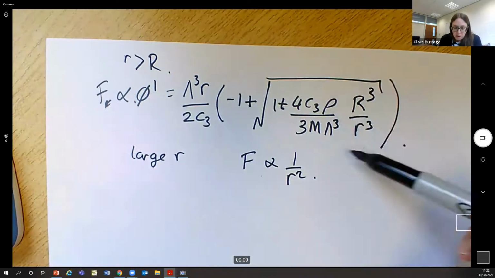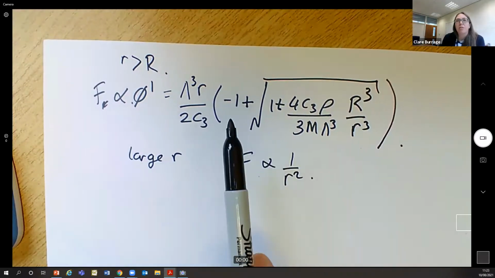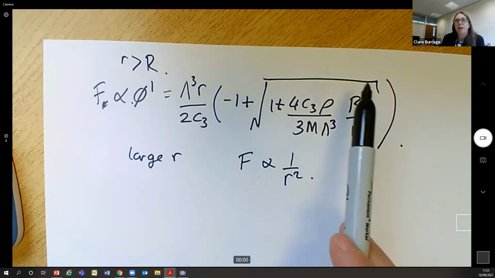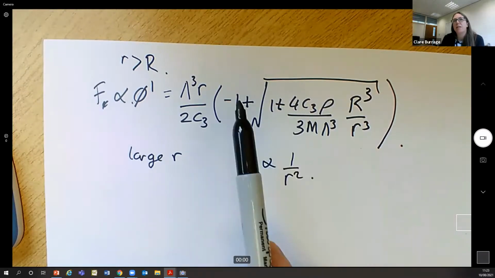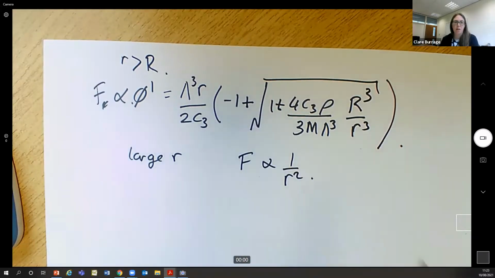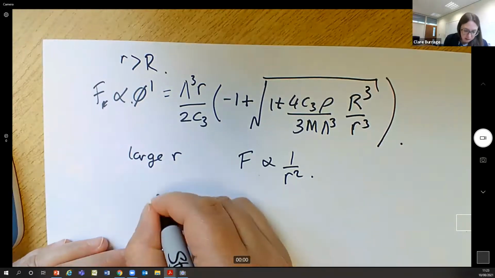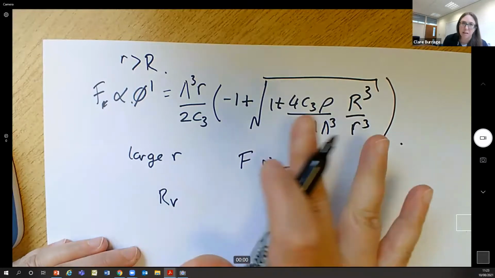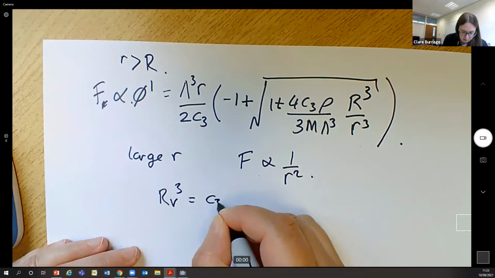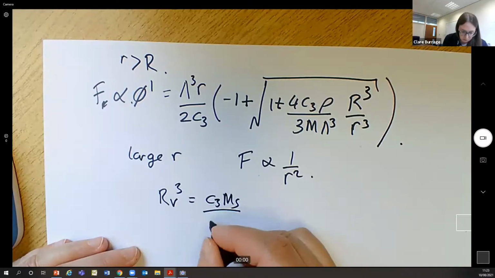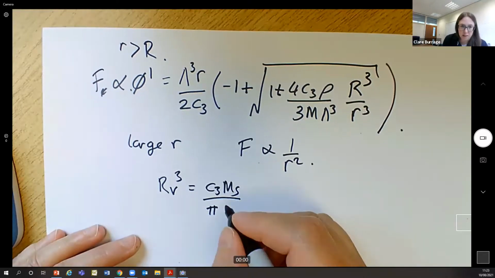But at small r, we can see that the behavior is very different. If this term dominates, then we're going to get a very different scaling of the force law with r. And what you find is that there's a characteristic radius which separates these two types of behavior, called the Vainshtein radius, which looks like this.